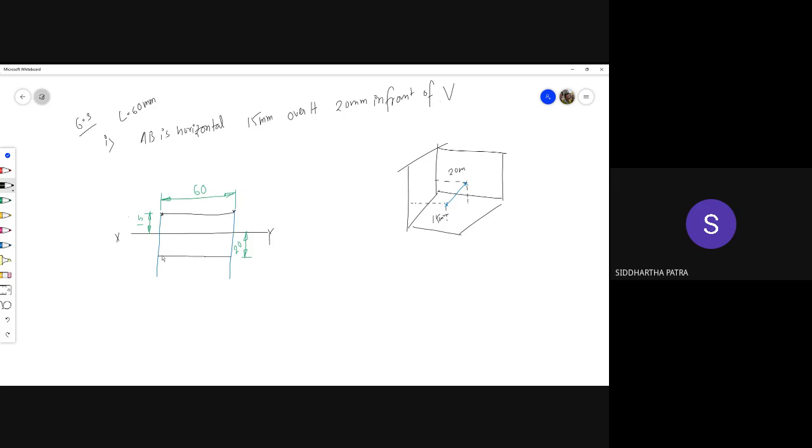Okay, and if this one is AB on the vertical plane, or A prime B prime, over here it would be A double prime and B double prime. Okay, so this is the top view and this is the front view.